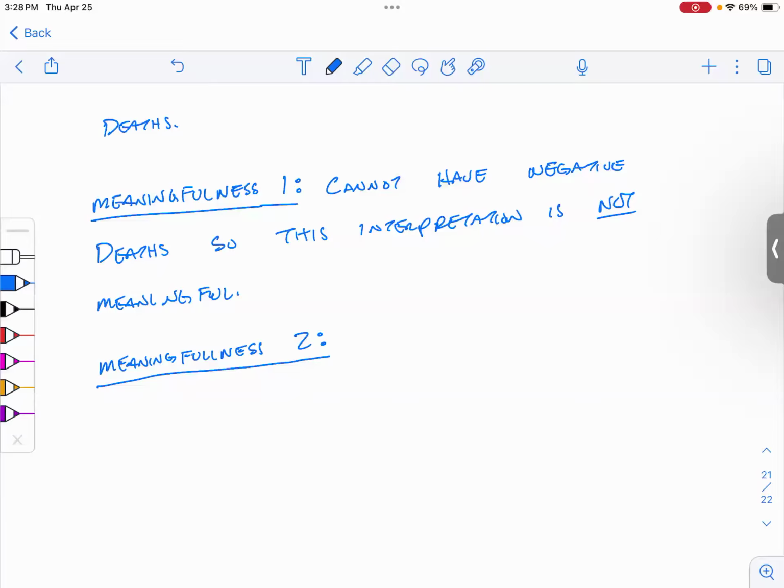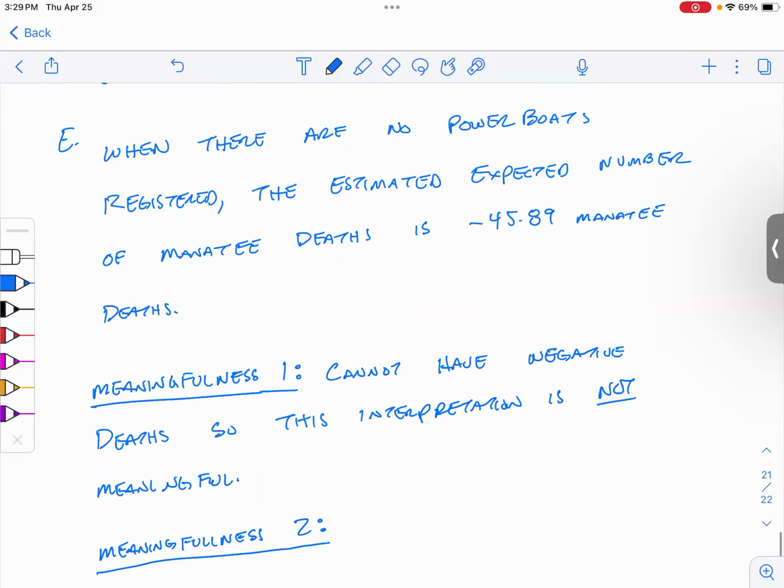So I'm going to think about this a little bit. Does this make sense? I say, okay, the opposite of death, what would that be? Life. Death is the end of life. So how about births? If there are no powerboats registered, maybe the manatee population is increasing.